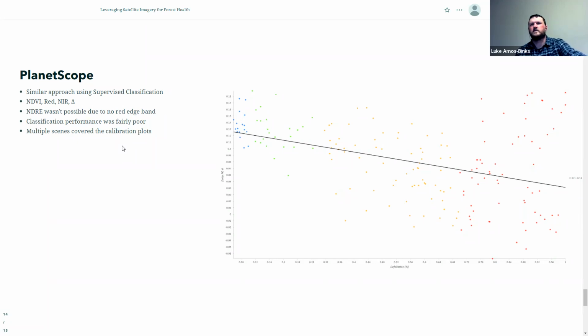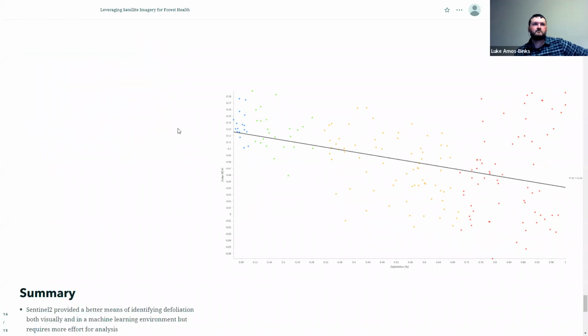Generally, the classification performance was pretty poor. Multiple images covered our calibration plot, so that led to some difficulty with the variability across the indexes and the color values.